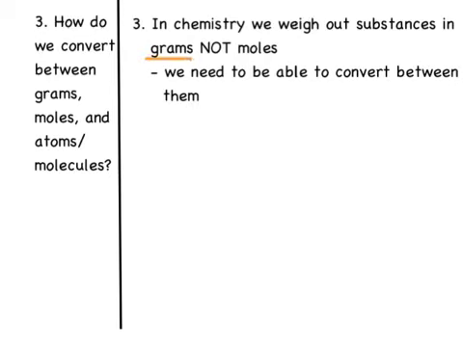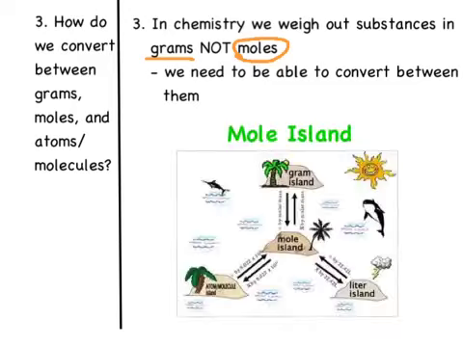Scales measure in grams. So in chemistry, we weigh out substances in grams, but when we're talking about them in chemical reactions, we need to talk about them as moles. So we're going to have to be able to convert between them. And so that's where this fancy-dancy Mole Island is going to help us.